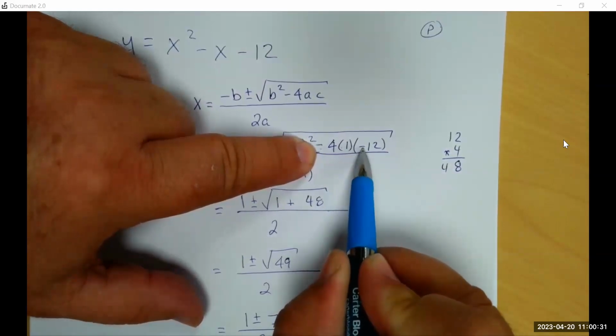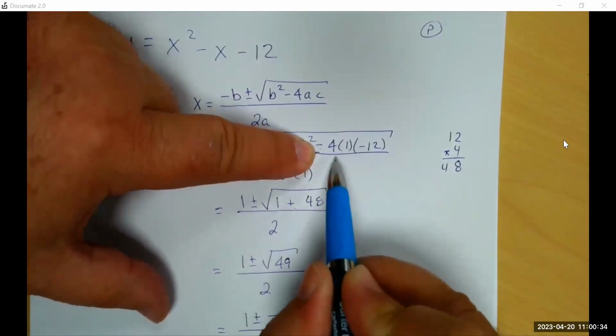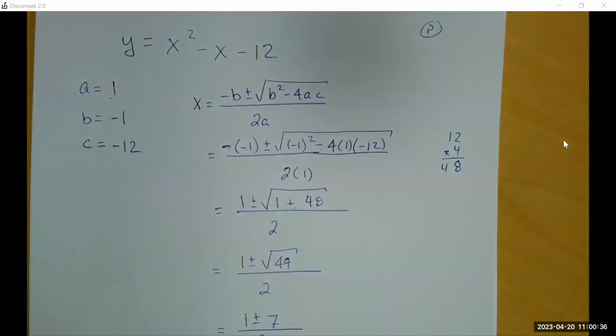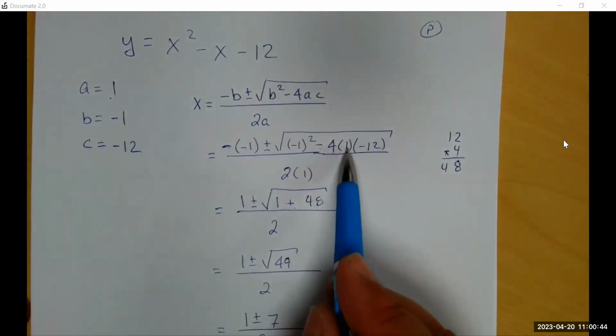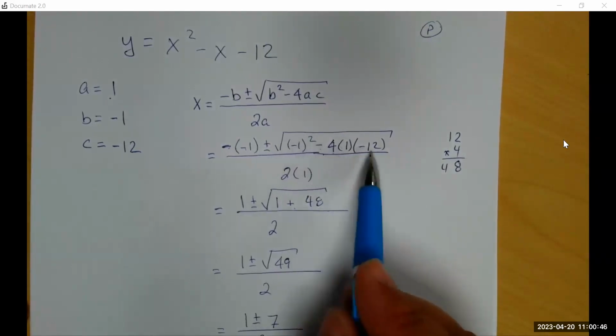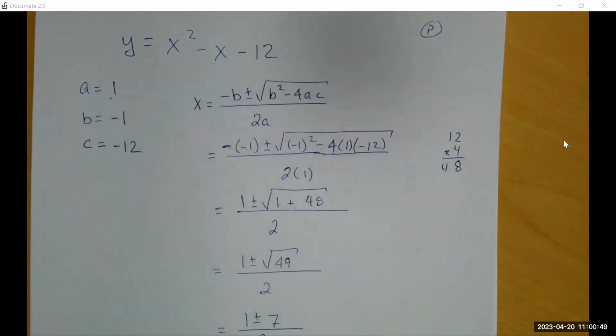Negative times negative, so we know it's positive. 4 times 1 times 12. If you treat them separately, it will take the problem away from you. Because if you try to do negative 4 times 1 is negative 4, negative 4 times negative 12 is positive 48, it's a little cumbersome there. Because if all of them were negative, then we have a bigger problem.